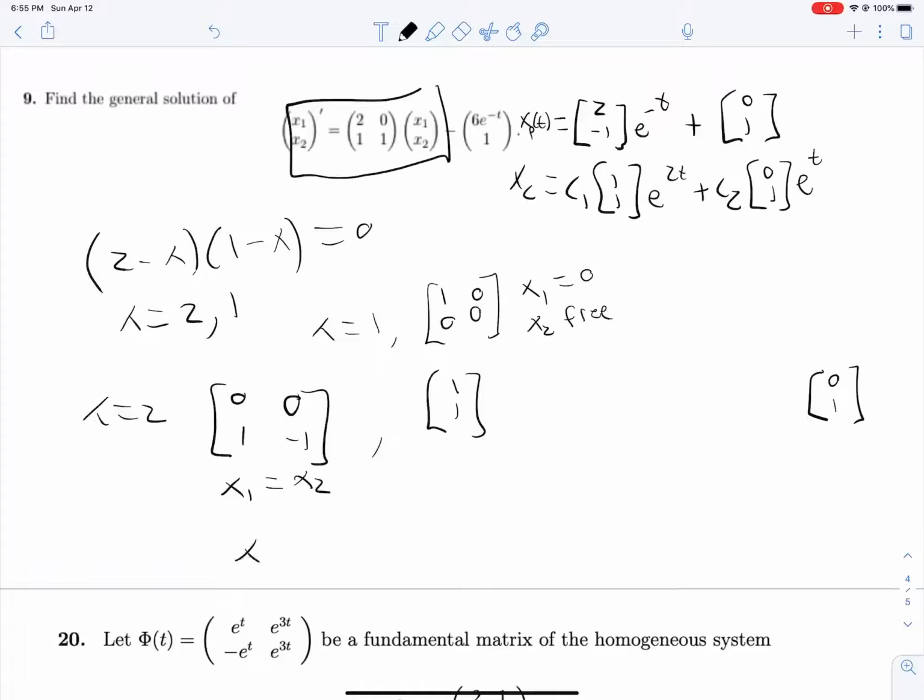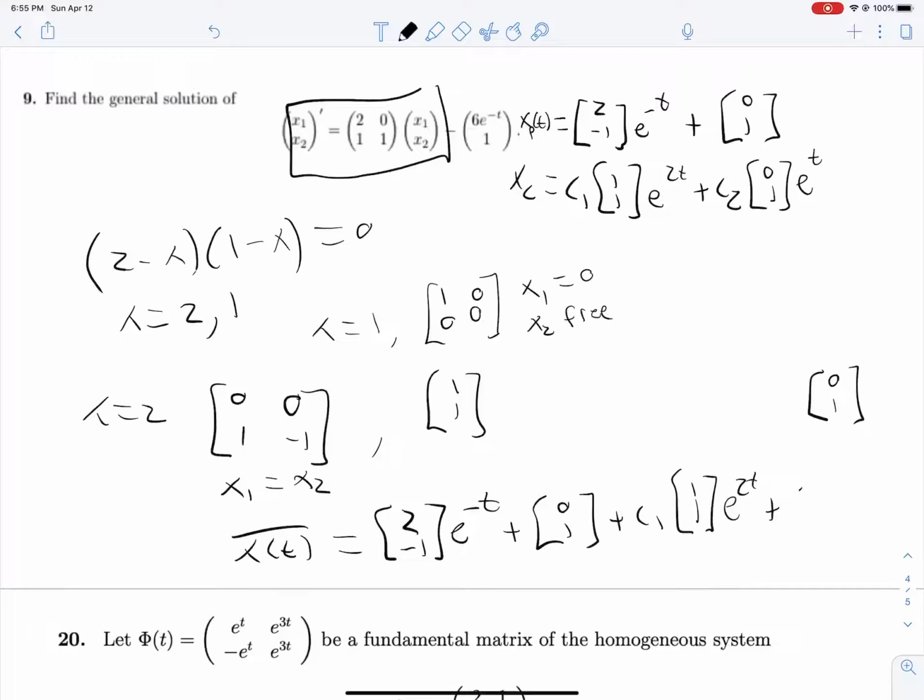And then x of t is just xp plus xc, so 2, negative 1 e to the negative t plus 0, 1 plus c1 1, 1 e to the 2t plus c2 0, 1 e to the t. And we're done. And since this is a short answer question from my professor's, Dr. Progotanyan's, practice questions, this is our answer.